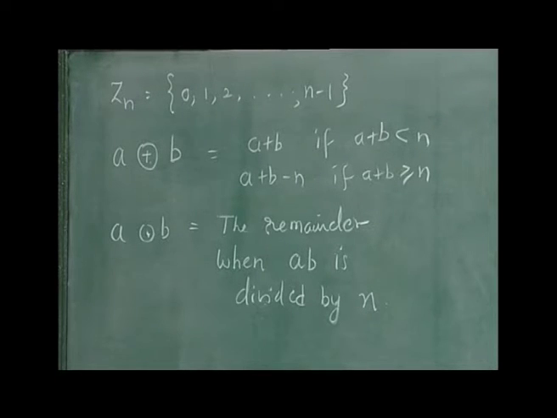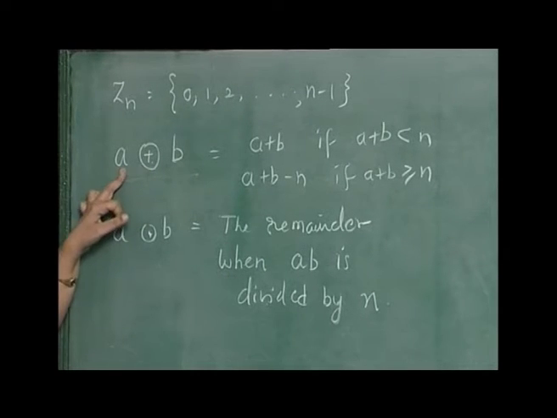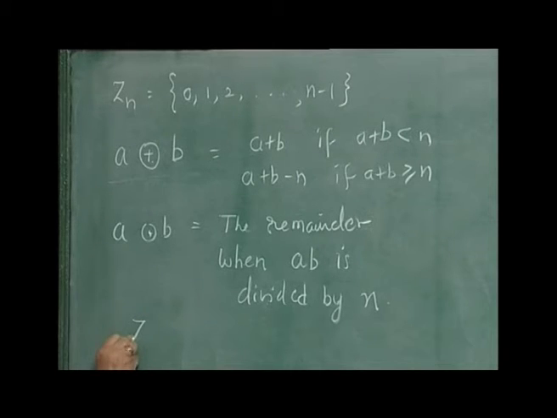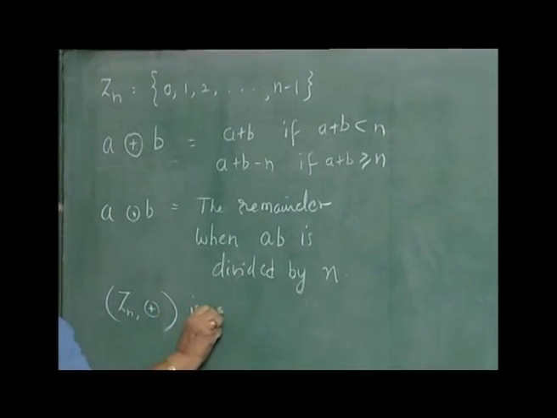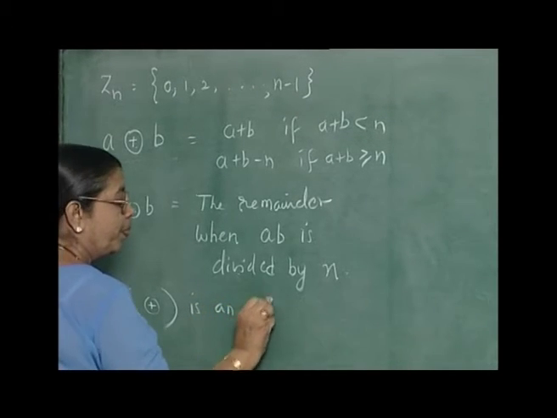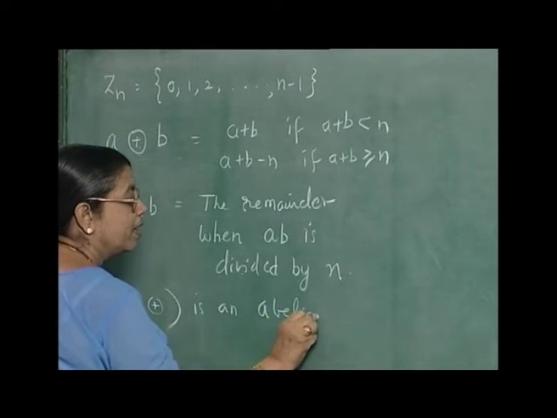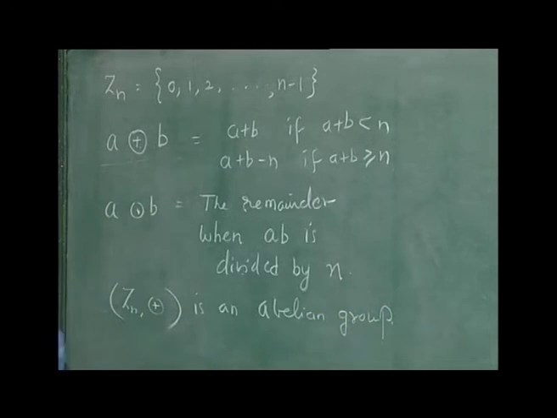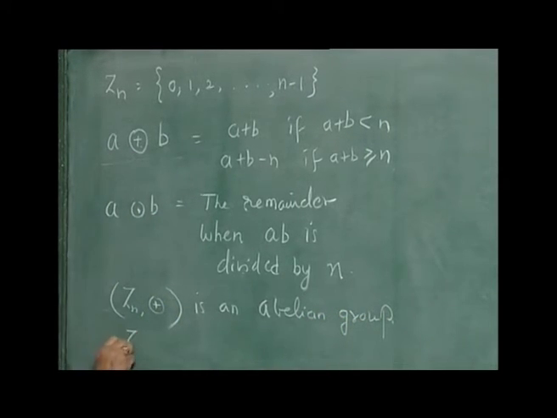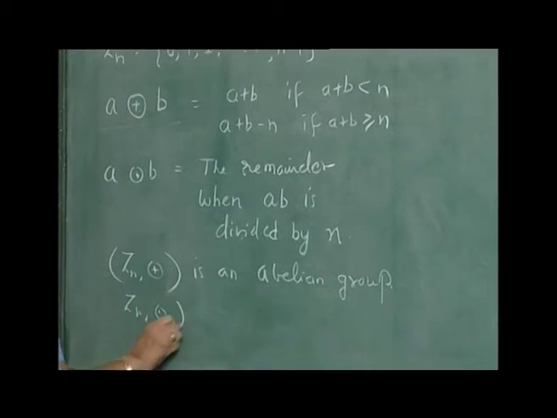In this case, we have already seen that this is a group, and this operation is also commutative. So without loss of generality, you can see that Zn plus is an abelian group. Consider Zn dot.